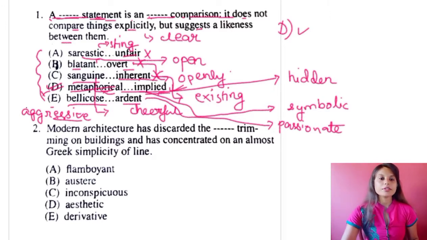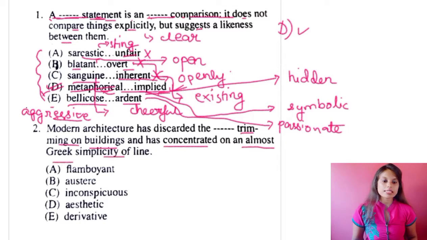Now, question number 2 says, modern architecture has discarded the dash trimming on buildings and has concentrated on an almost Greek simplicity of line. So they are talking about modern architecture's characteristics, like what is included and what is excluded from it.